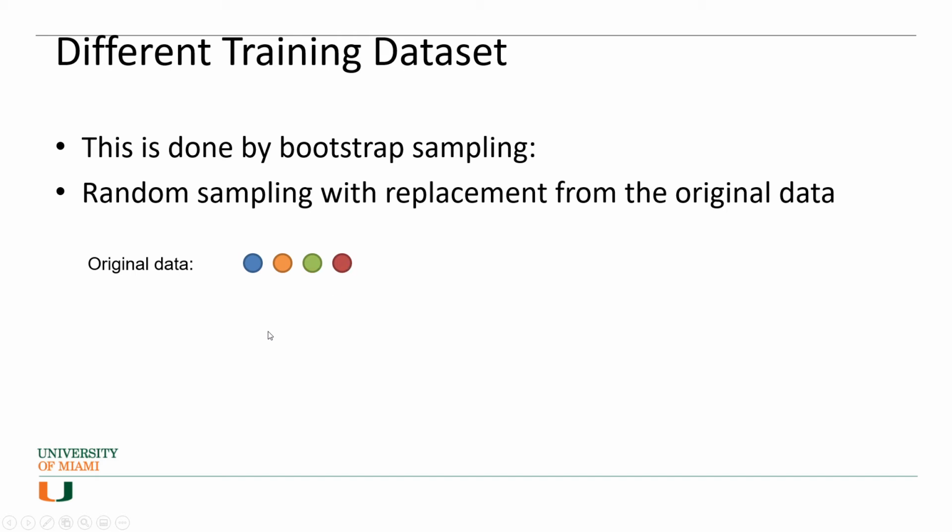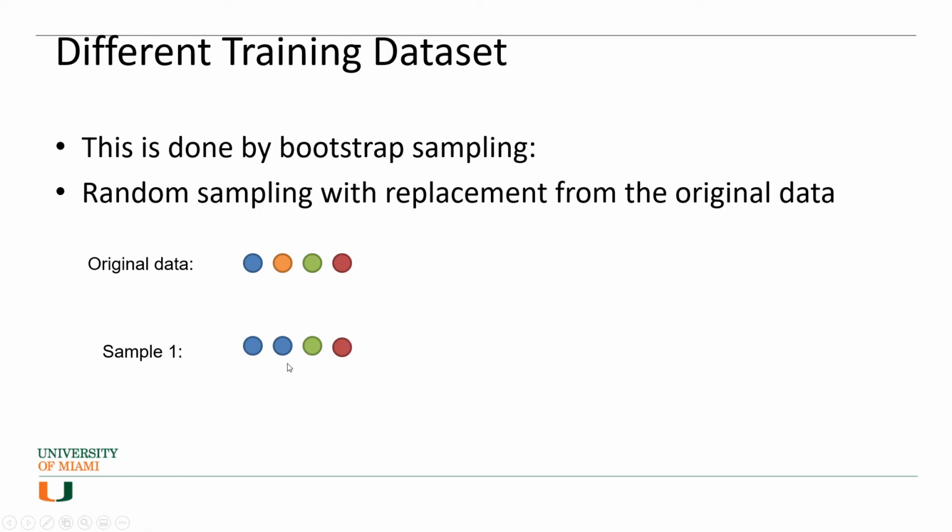Now, if you run a sampling with replacement and tell the computer to choose 4 observations from this data set with replacement, what is going to happen is, for example, it is going to choose the blue one, then put the blue back, and then choose another one. And it turns out to be blue again, and then green, and then red.